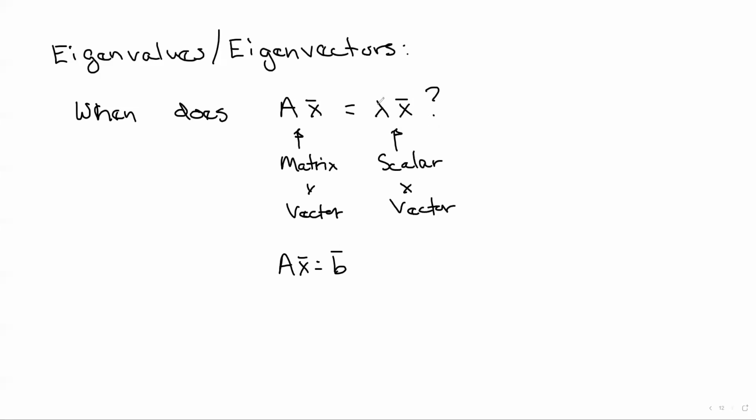And we know that if you took a scalar multiple of a vector, then that would still be a vector, right? So if you took 1 times a vector, or 2 times a vector, or 7 times a vector, then that would still be a vector. And so it's definitely possible. Yes, it's possible. So then the question is, when does this happen?